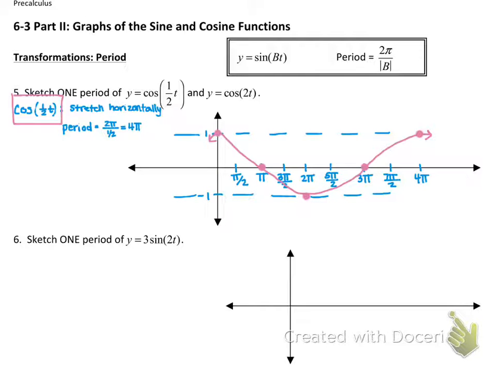Okay, so let's look at cosine of 2t. If we graphed cosine of 2t, then we know, just like we knew from before our transformations, that it's going to be compressed horizontally.